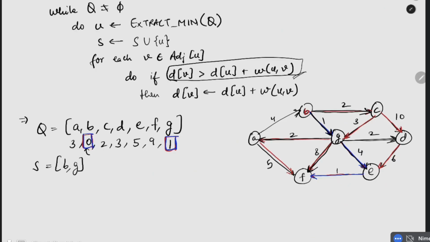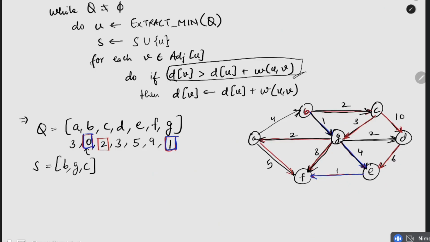So now we look for the minimum again within Q, and that minimum now is C, right? So we put C inside S, right?